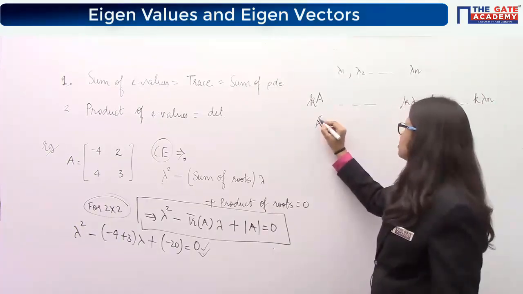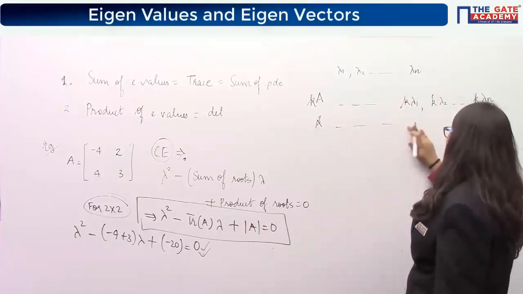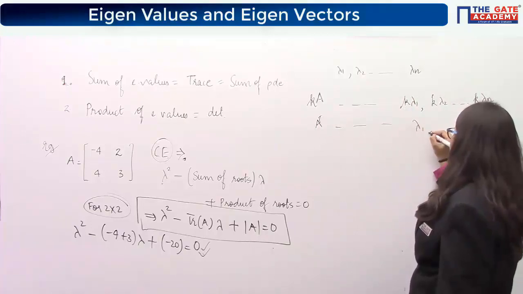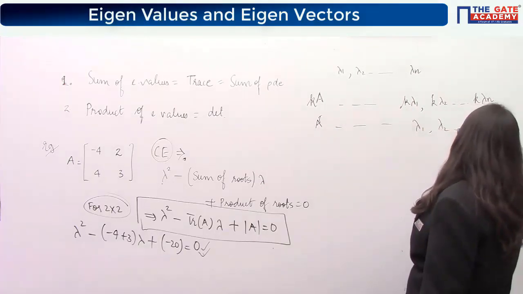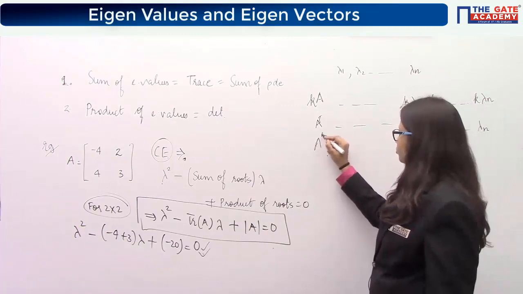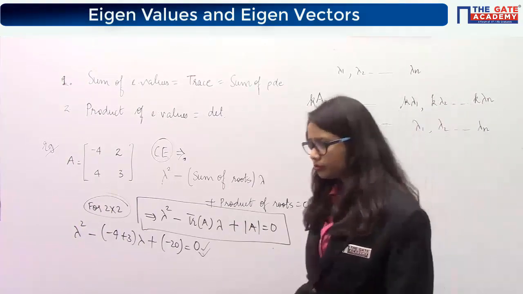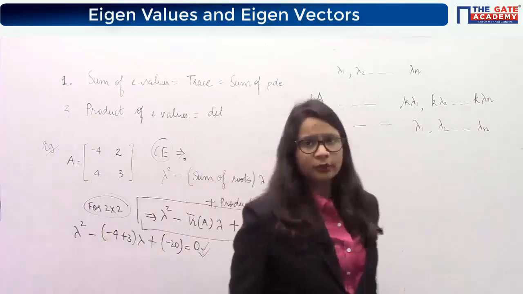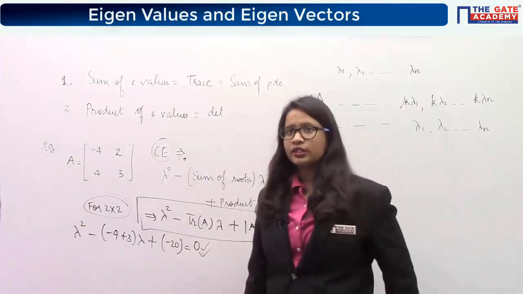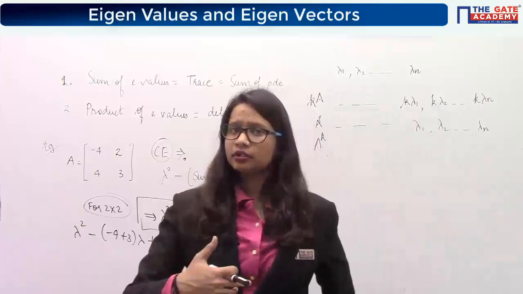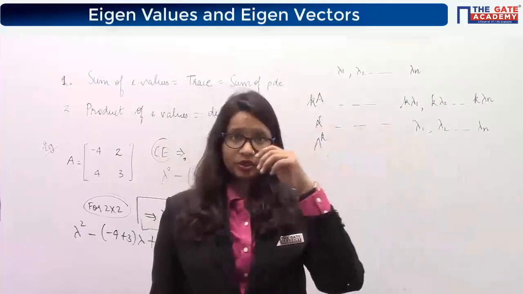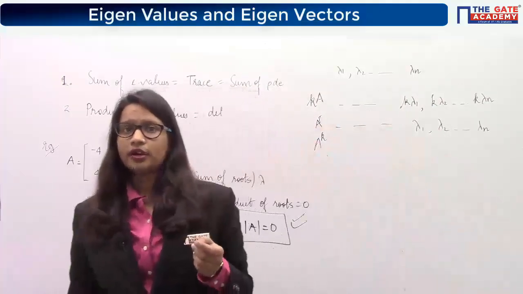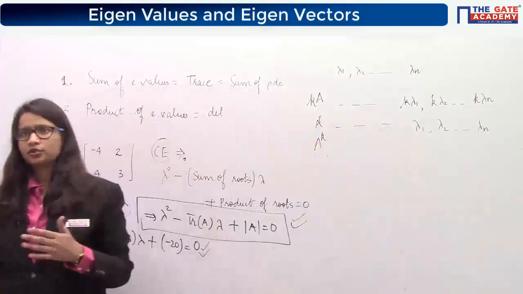Similarly, A transpose will have the same eigenvalues as that of A, and similarly for all. Because calculation of minors is also a typical thing to do, instead of doing that you can also directly go with A minus lambda I equal to 0. That is why I have not discussed it here, but yes, it's true.